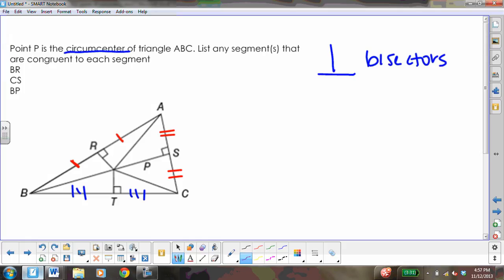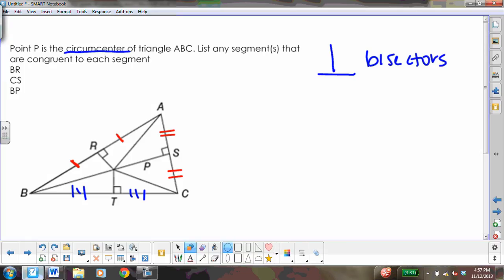Now, the definition of a circumcenter says that point P is always equidistant from the vertices of the triangle. So the circumcenter is always equidistant.